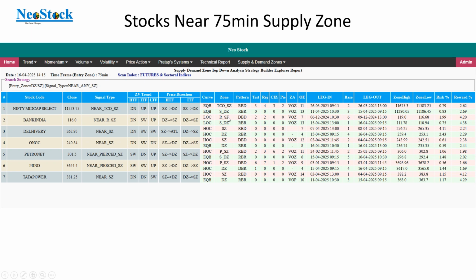Bank of India is also having a demand zone. Sometimes we may get a trade opportunity on either side. But anyway, the stock is near the 75 minute supply zone. That's it. We got only one 75 minutes high liquidity supply zone. So this is about high liquidity zones.